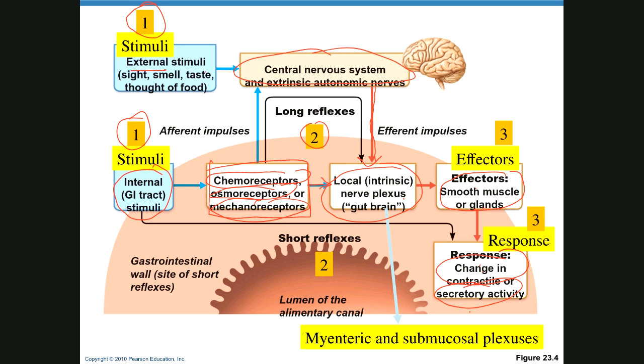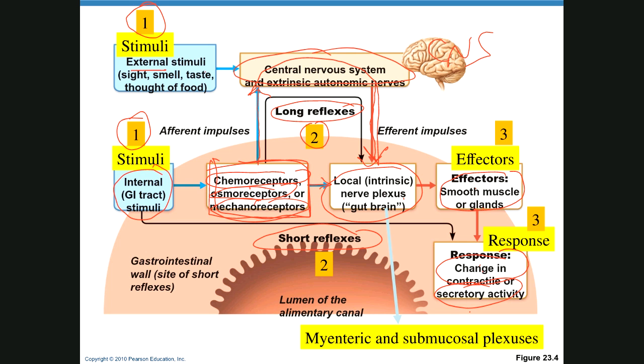So this is what we call the short reflexes versus the long reflexes. Now, notice something though. These interoreceptors are also going to communicate to the central nervous system and increase further long reflex stimulation. So the GI tract is receiving stimulation from the CNS and locally.